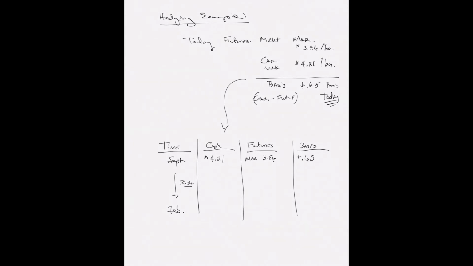Okay, so when we jump down to February, that's where we're going. That's the risk that we have. We just don't know what that cash price will be. So not knowing that cash price causes us to make sure that we try to plan for that. So how do we plan for that? Well, we go straight to the futures market and we use it to help us in the cash situation.